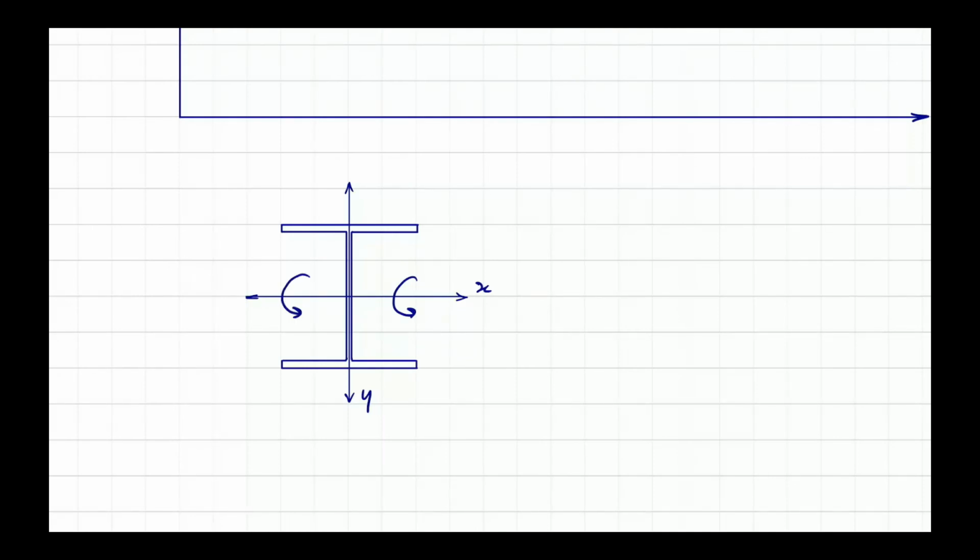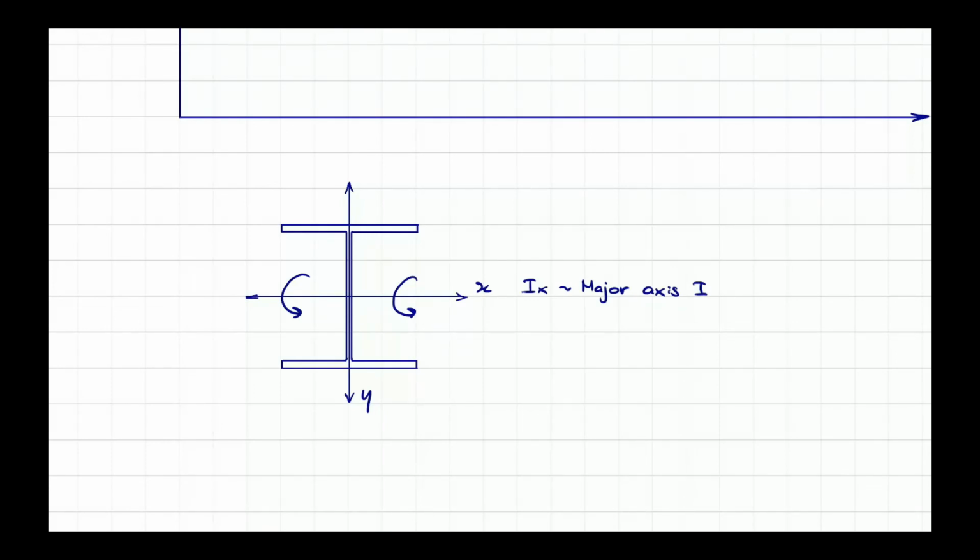So the parameters, the properties of the cross section that affect the buckling, lateral buckling to be precise, is the one that controls the lateral movement. So Ix is the major axis I value.